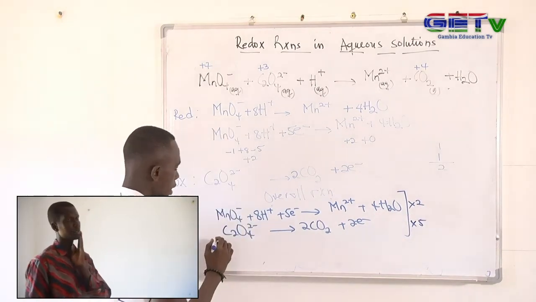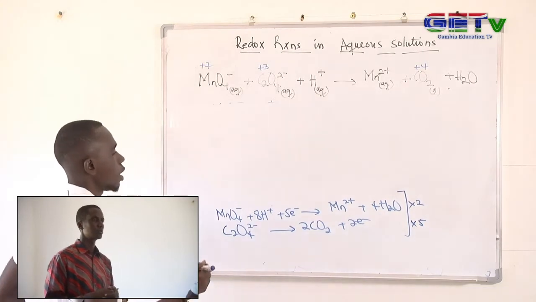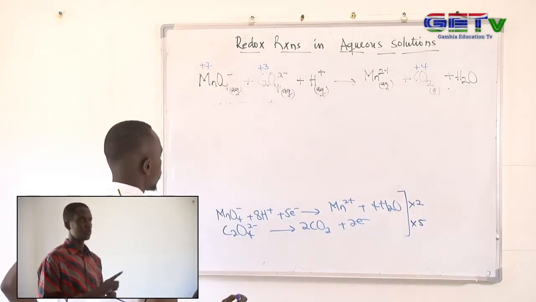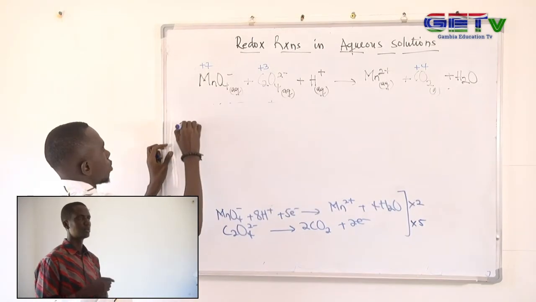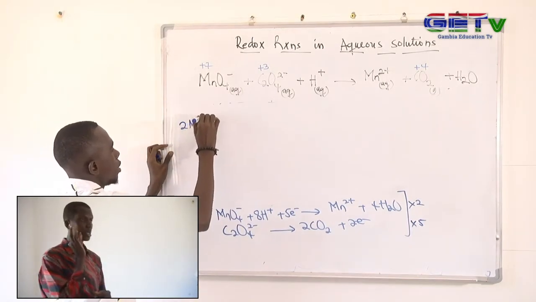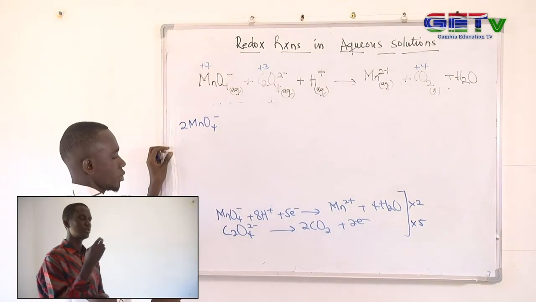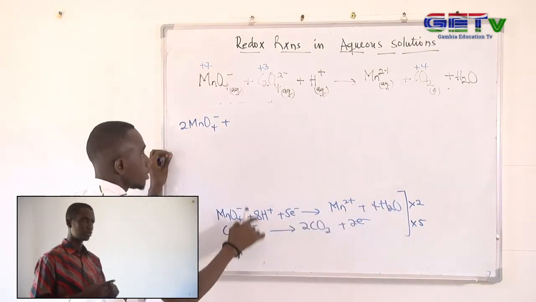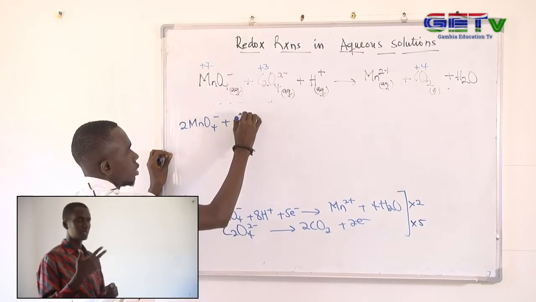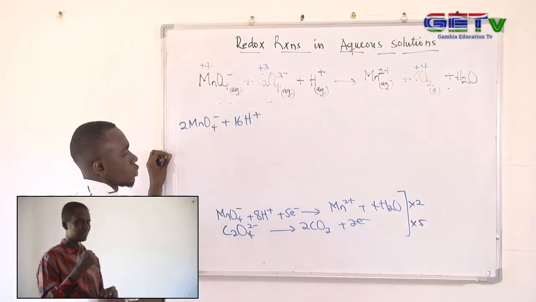So at the end here, in this case now, we will have 2 times 1, we will have 2 MnO4 minus plus 2 times 8, we have 16 hydrogen ions.